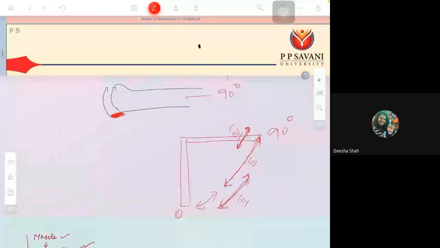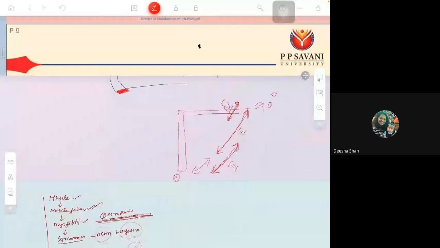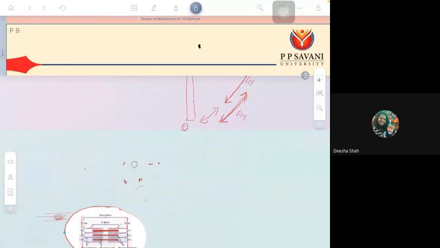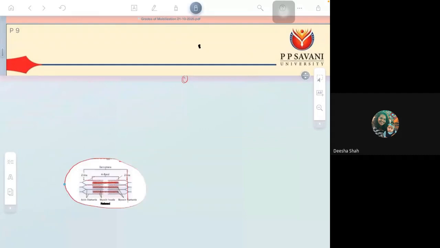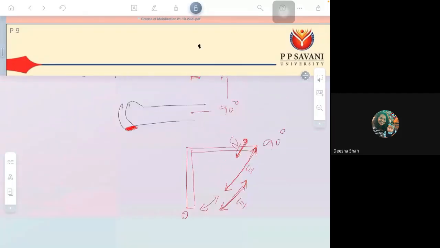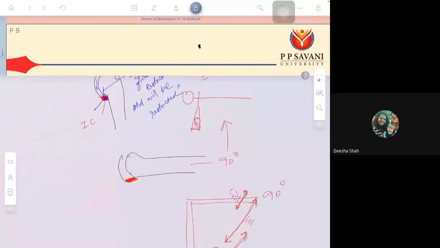Now how will you do the second technique, that is the oscillatory technique? How will we do the oscillatory technique? Here, in this diagram, when you are gliding, this is grade 1, this is grade 2, here it is grade 3 and here it is grade 4.